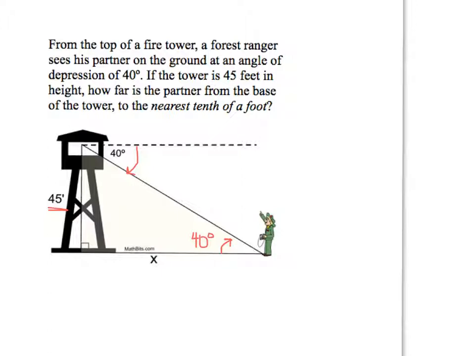Okay, so now we need to go back to what we remember to do. The triangle is already drawn. It's actually already labeled for us, although we did transfer the angle of depression into the triangle that's given. And now we need to create and solve an equation. So the first step I'm going to go through and do with that is I'm going to picture what my triangle looks like. I am trying to solve for the missing side x, and I'm going to picture myself as standing right where the partner is, the guy that's standing on the ground.